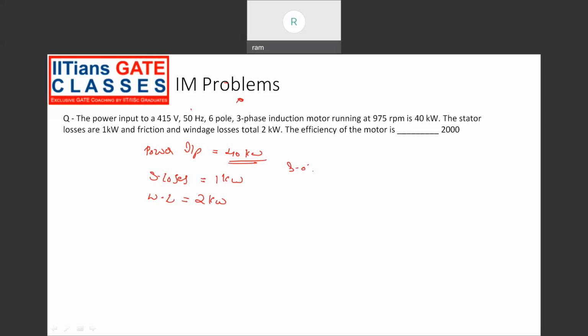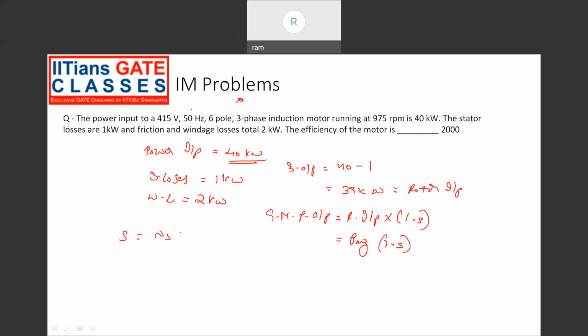This is the stator input. So the stator output equal to 40 minus 1 kilowatt, that is stator loss. That is 39 kilowatt, which is nothing but the rotor input. The gross mechanical power output is given by rotor input, that is PAG into 1 minus S. PAG is the air gap power, which is a rotor input.